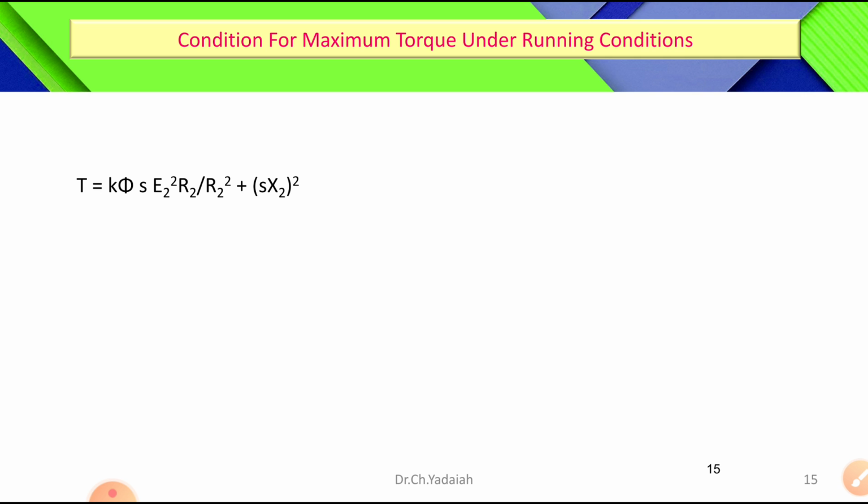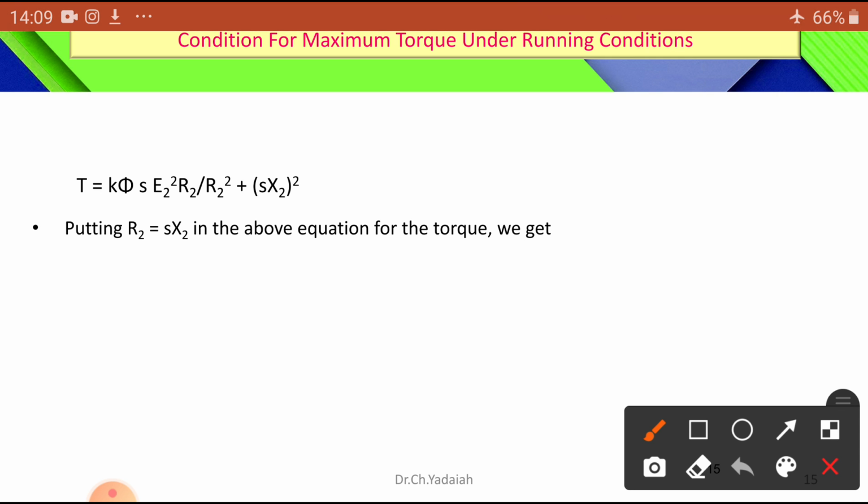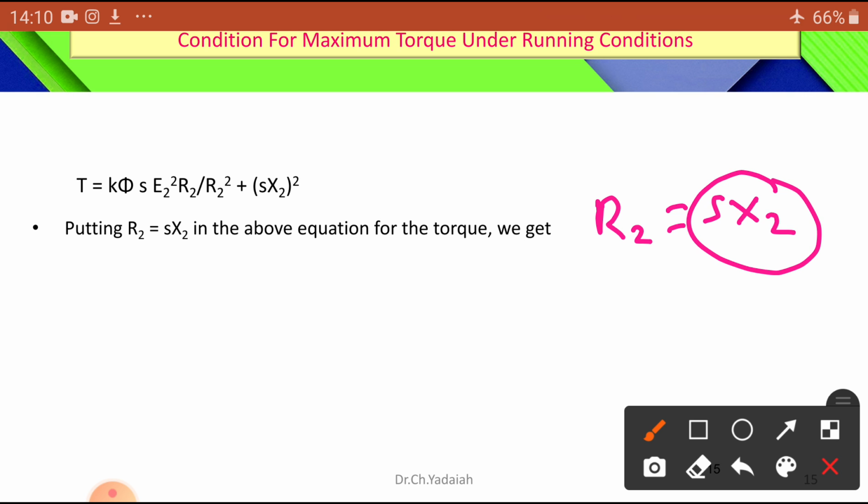You can see the condition of the maximum torque under running condition. Now we are going to substitute this value wherever R2 is equal to S X2. I am going to substitute the S X2 value in terms of R2, then we get the maximum torque condition.